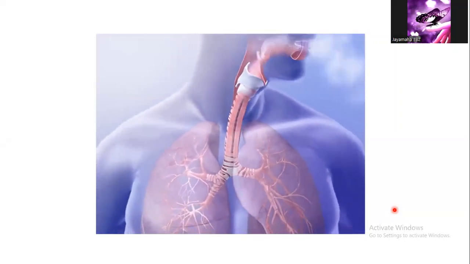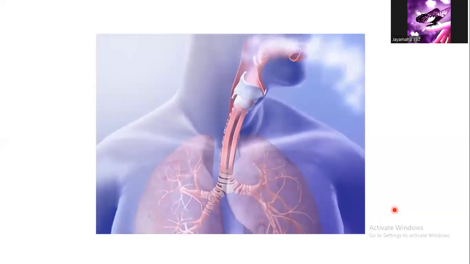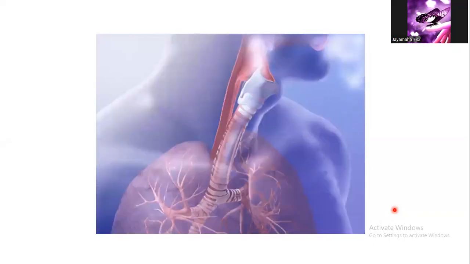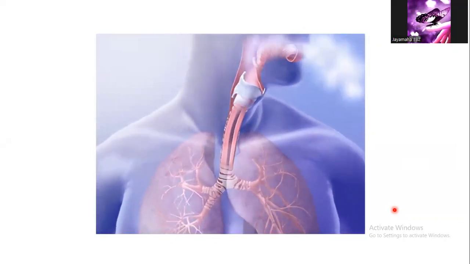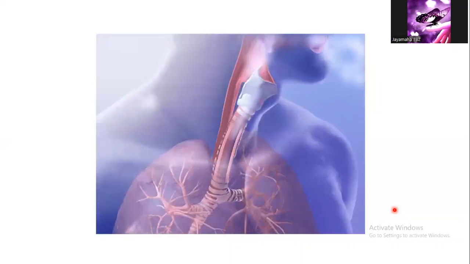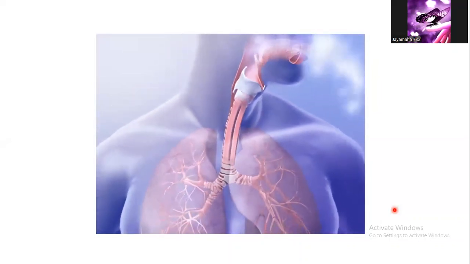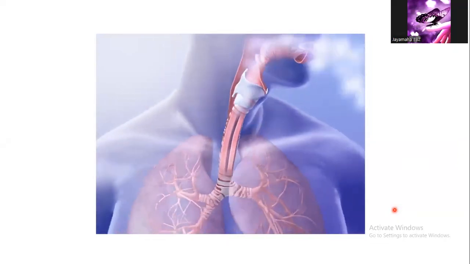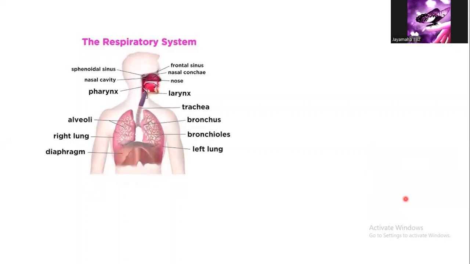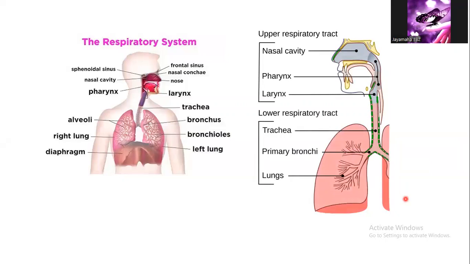In this process, the oxygen from the atmospheric air is delivered to the human body and then utilized by the tissues. And then the carbon dioxide which is produced by the human body is exported to the lungs. Now, let's see about the anatomy and the physiology of the human respiratory system.